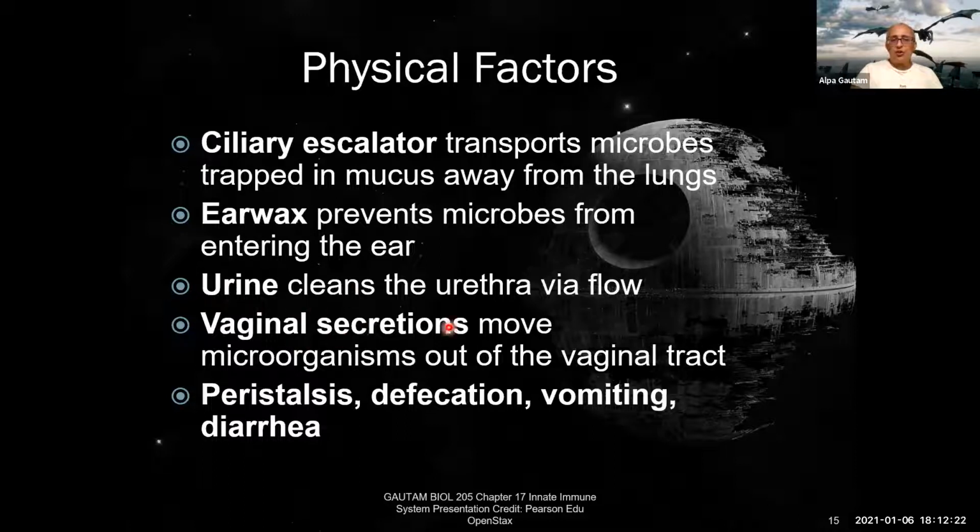Vaginal secretions are the same thing, along with the ciliary escalator or the mucus. They move microorganisms out of the vaginal tract. Peristalsis, defecation, vomiting, diarrhea: vomiting and diarrhea specifically are responses to the presence of pathogens.